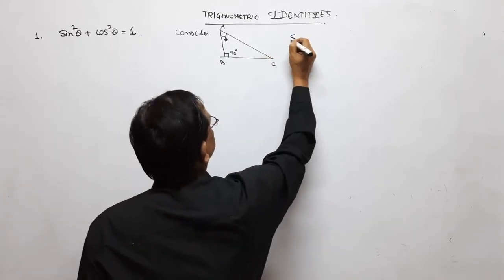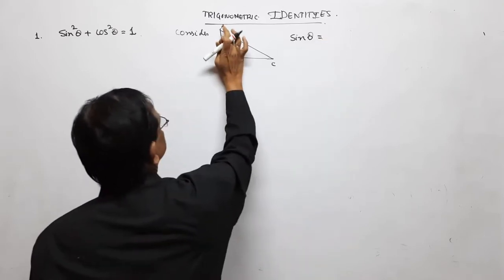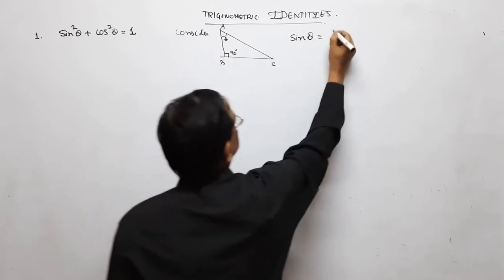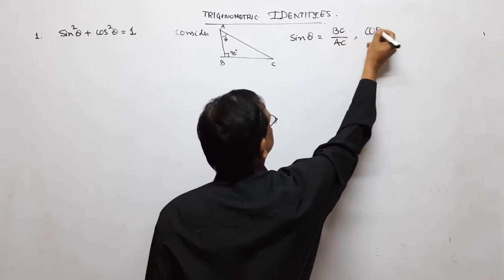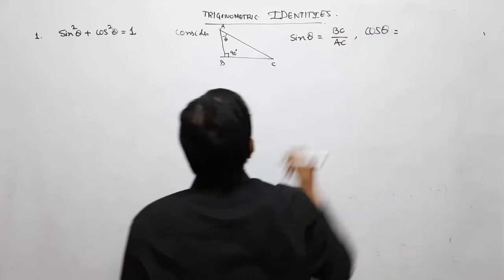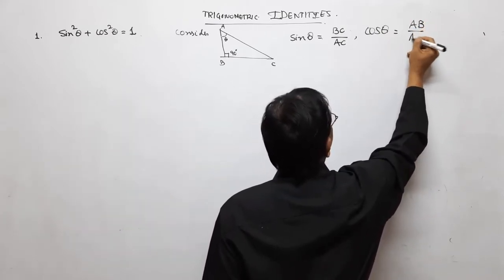So let me write down sine theta. Sine theta is opposite side by hypotenuse. And cos theta is adjacent side by hypotenuse.